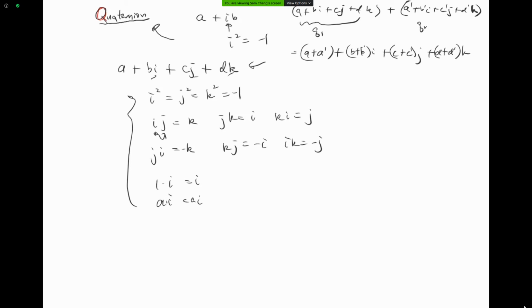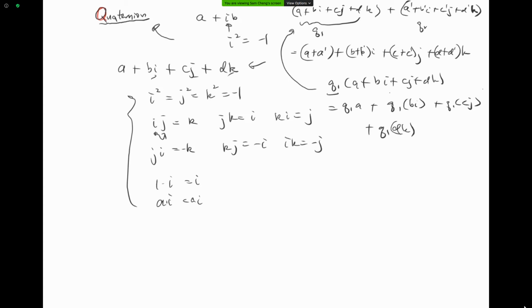For example, if I have q1 multiplied by a plus bi plus cj plus dk, it will be the same as q1 times a plus q1 times bi plus q1 times cj plus q1 times dk.